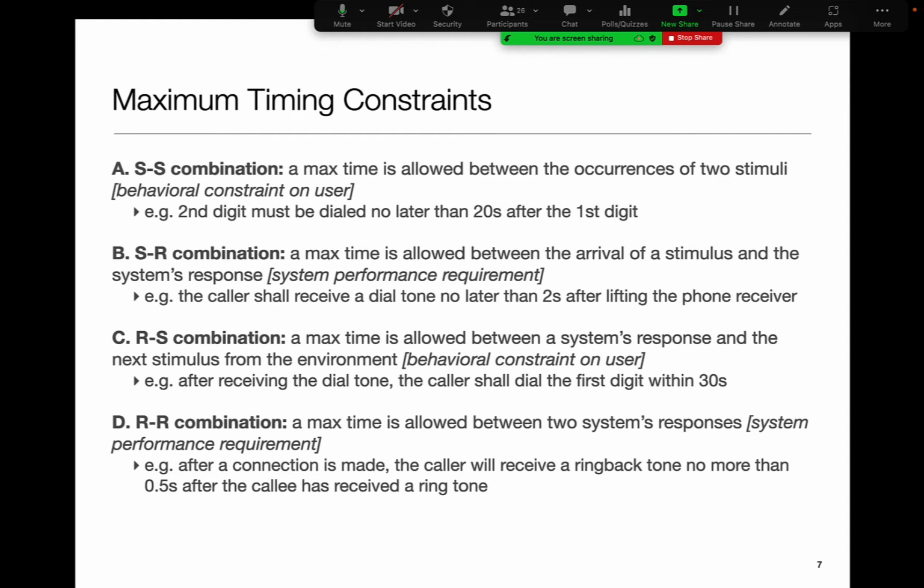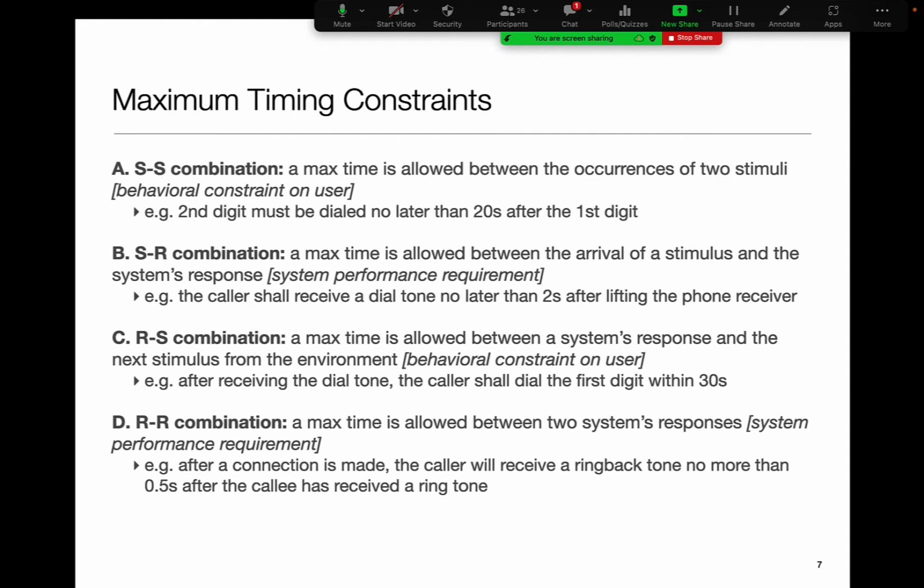This is making a statement about the latency between those, because you don't want a situation where the caller starts hearing the ring but the callee's phone doesn't ring, or vice versa. Again, that would be bad for user perception. So in this case, two events at two different points have a certain latency requirement.